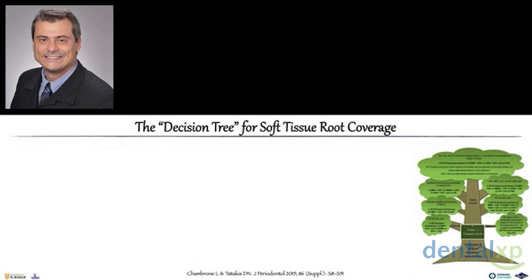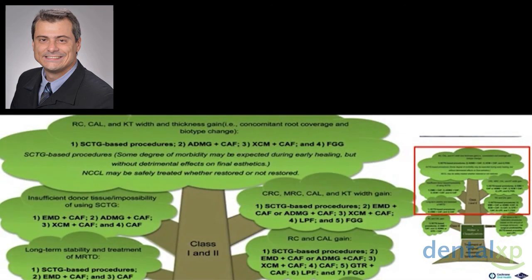In terms of the type of the defect, for class 1 and 2 recessions, for most of the available conditions, the subepithelial connective tissue graft can be considered the gold standard, except for those cases where there is an impossibility of harvesting from the patient's palatal vault.